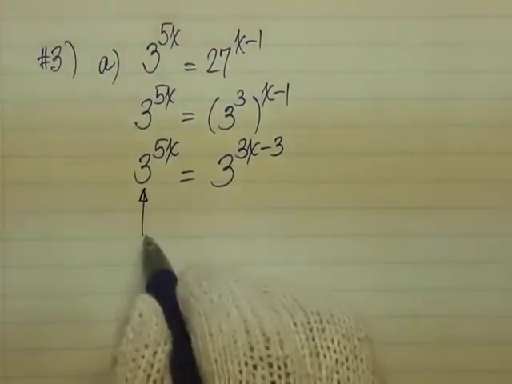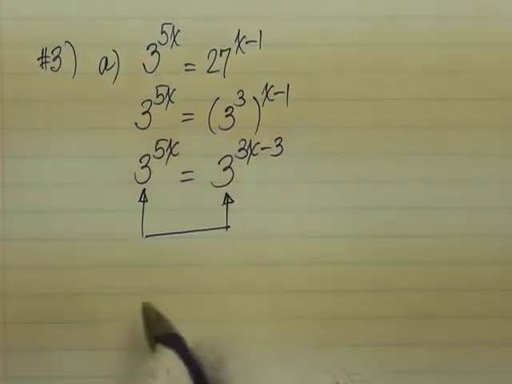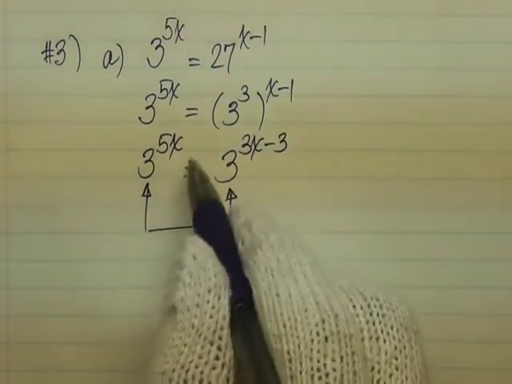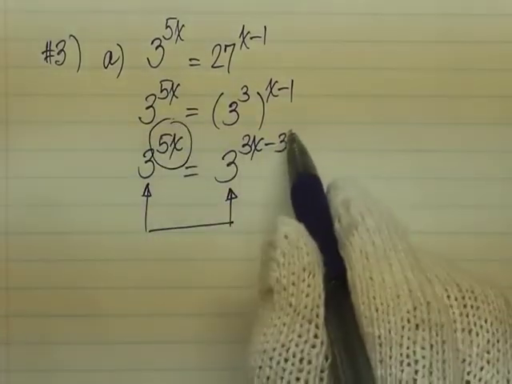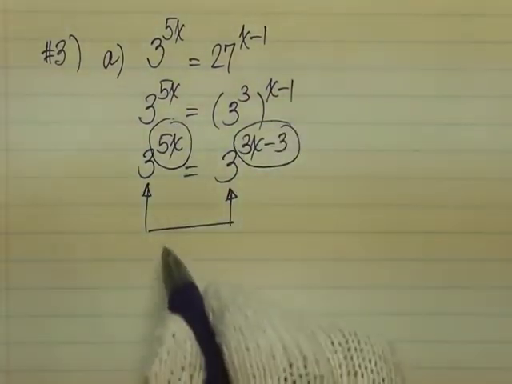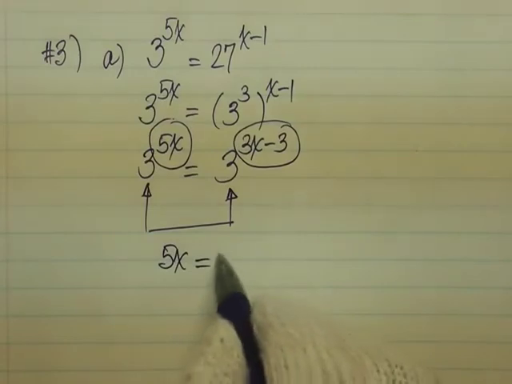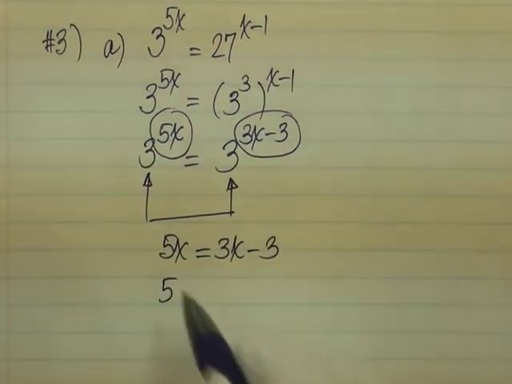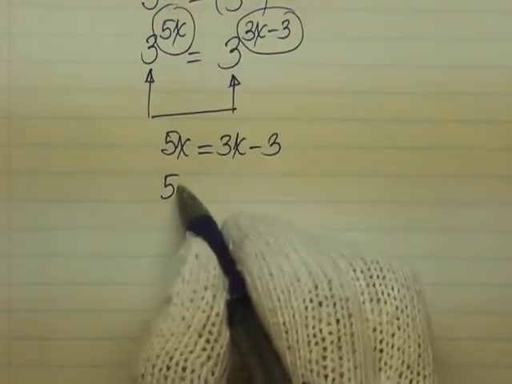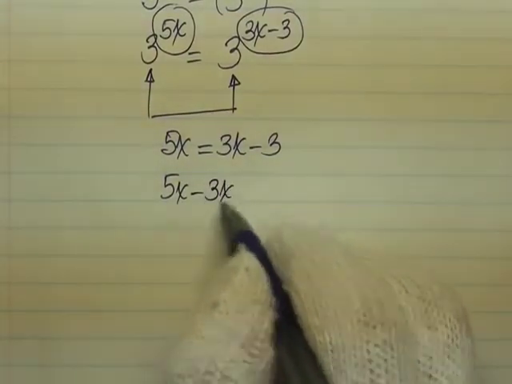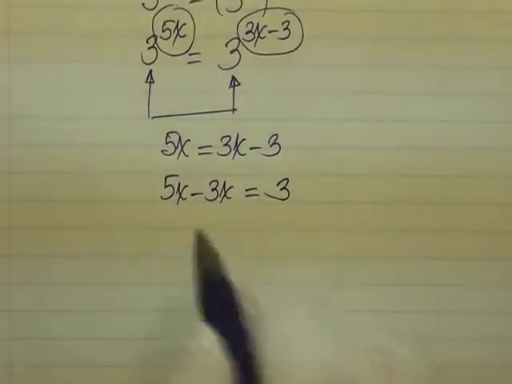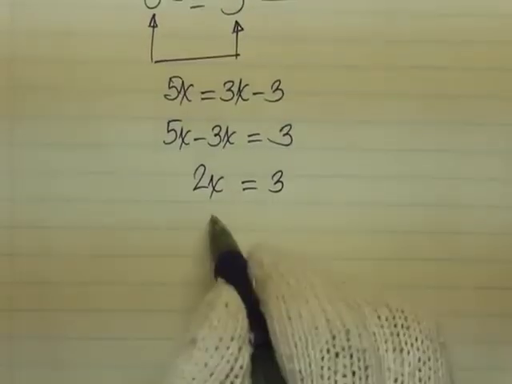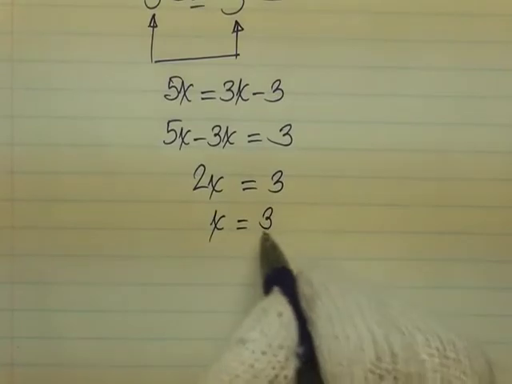My bases are the same, so this allows me to say that 5x is equal to 3x minus 3. 5x minus 3x is equal to 3. 2x is equal to 3. x is equal to 3 over 2.